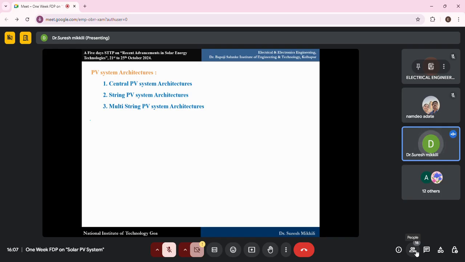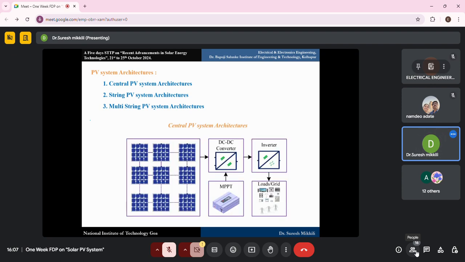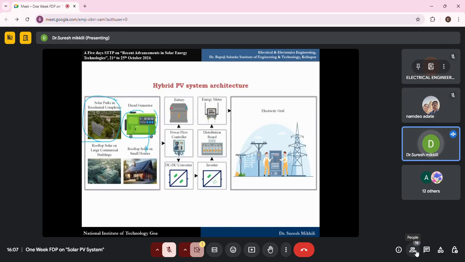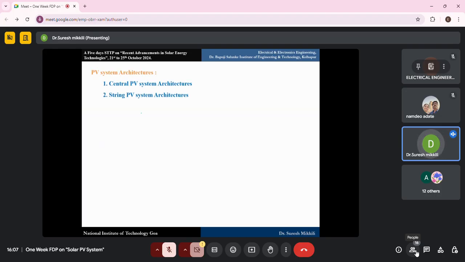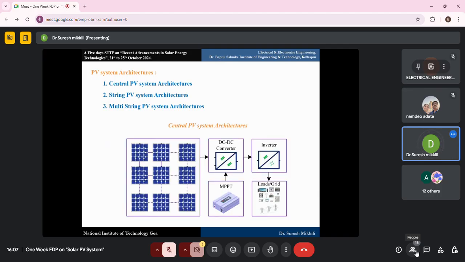What is the difference, from the name itself? What is meant by central PV system architecture? We have n number of solar parks, with that many solar panels. All the panels together, central architecture, the entire PV system will be connected to one converter, connected to an inverter.